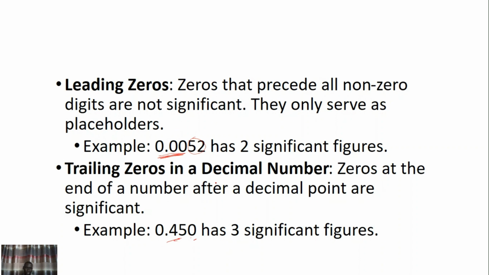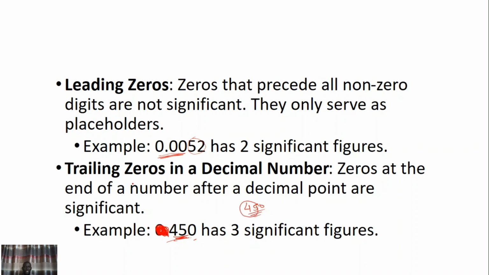On the other hand, please take note. If there's no decimal point here, and you have a number like 450, how many significant figures is this? This is two significant figures.